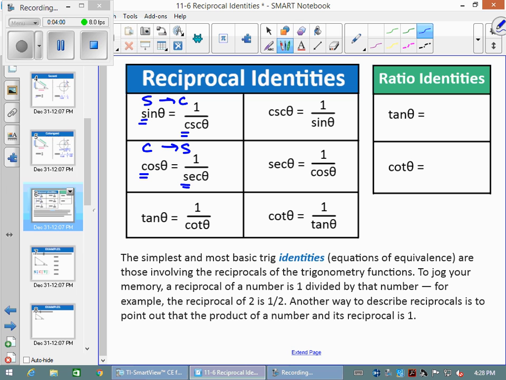We talked about tangent being sine over cosine. So now we have this ratio identity that cotangent is cosine over sine, again, also coming from the reciprocal nature with tangent.